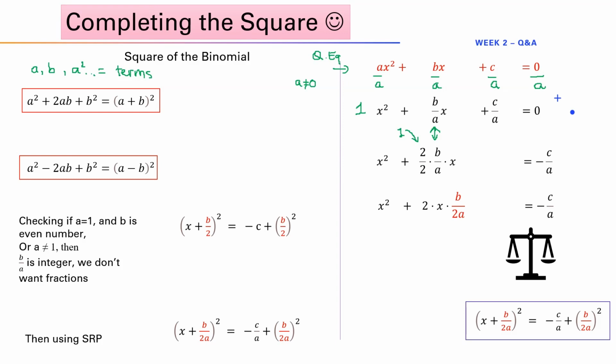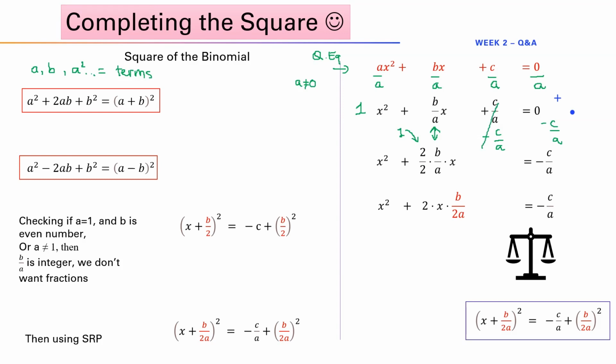And also we want to move that c over a to the right hand side, so I will subtract c over a from both sides. On the left hand side, we have c over a subtract c over a, that makes it 0.